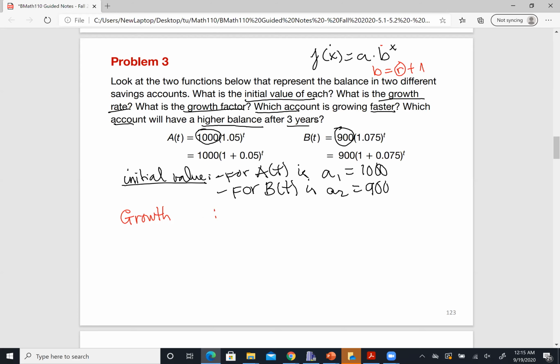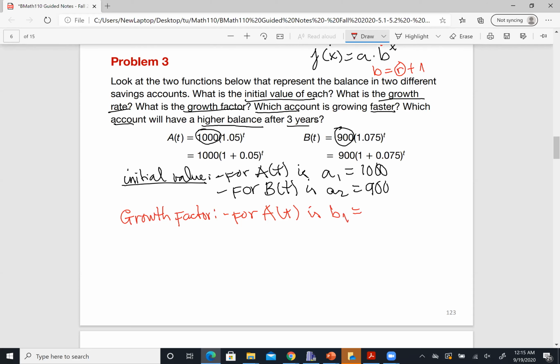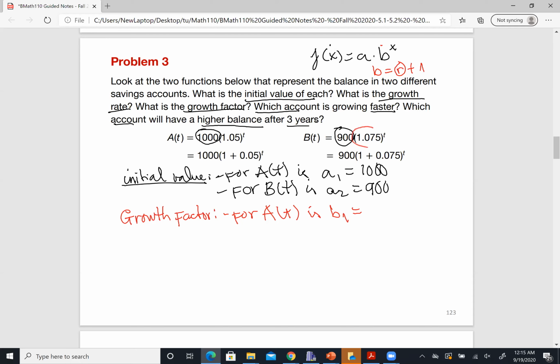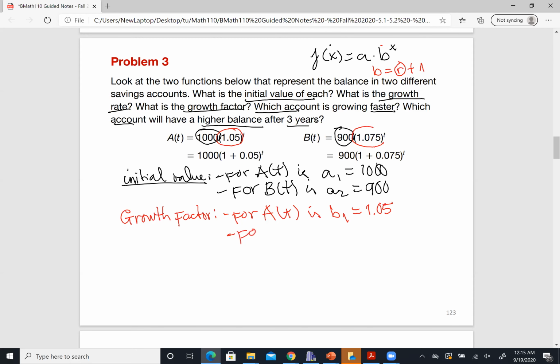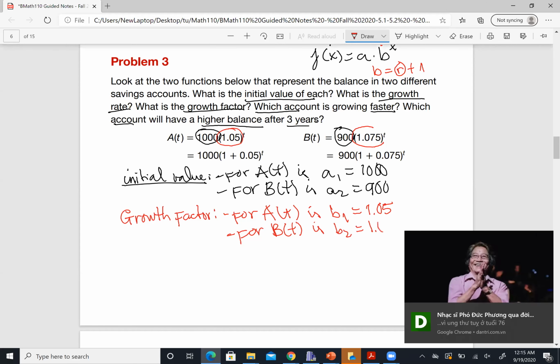Growth factor is b. So the growth factor for A(t) is b1, which is equal to 1.05. And for function B(t), b2 equals 1.075.